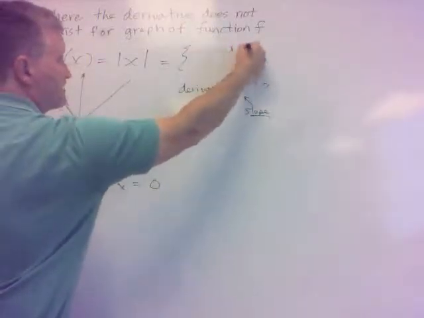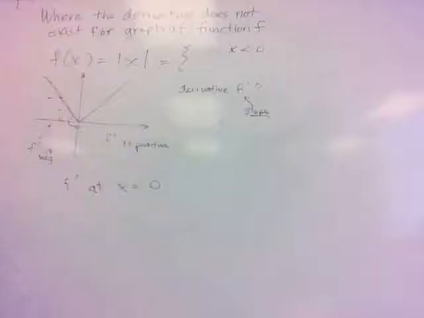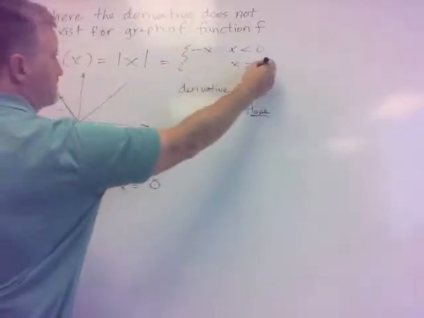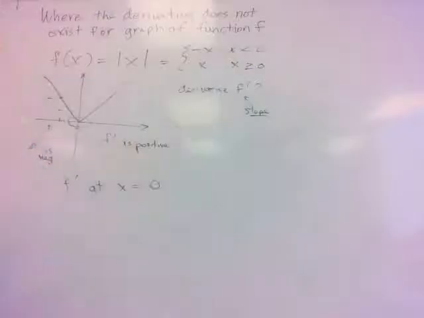If it's less than 0, we do minus x. If it's greater than or equal to 0, it doesn't matter where you put your 0 in this case, because you'll see why in just a second. But anyway, isn't that what we do?